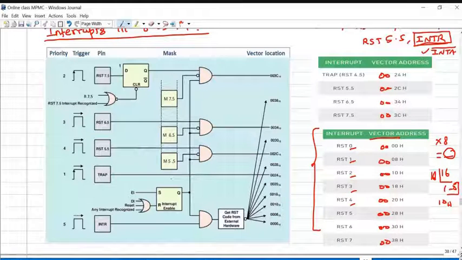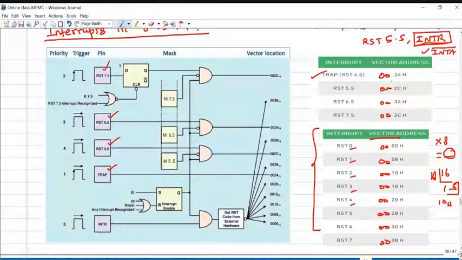So there are 5 hardware interrupts and 8 software interrupts. The 5 hardware interrupts are trap, RST 7.5, RST 6.5, and RST 5.5. These are called vectored interrupts, meaning whenever this particular interrupt occurs, the microprocessor transfers the instruction execution flow to the corresponding address location. This is fixed.